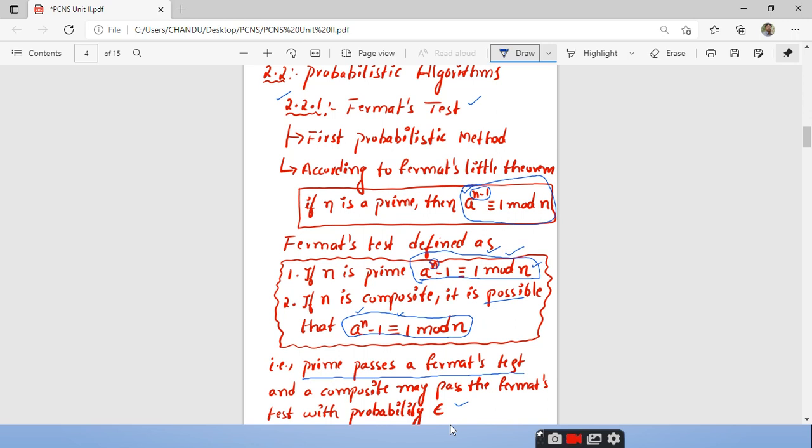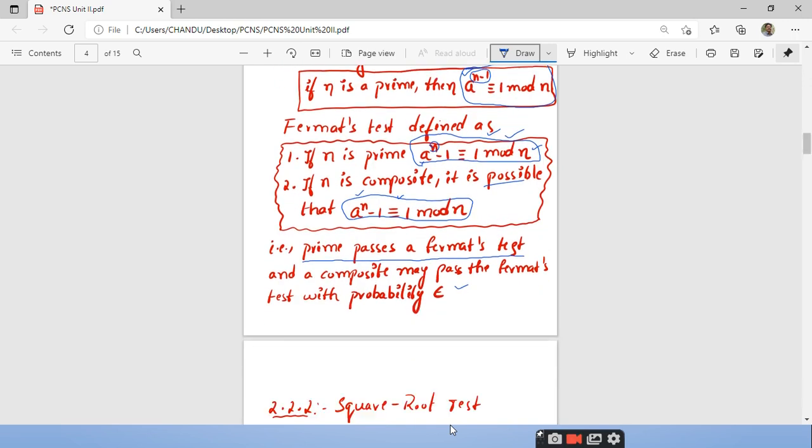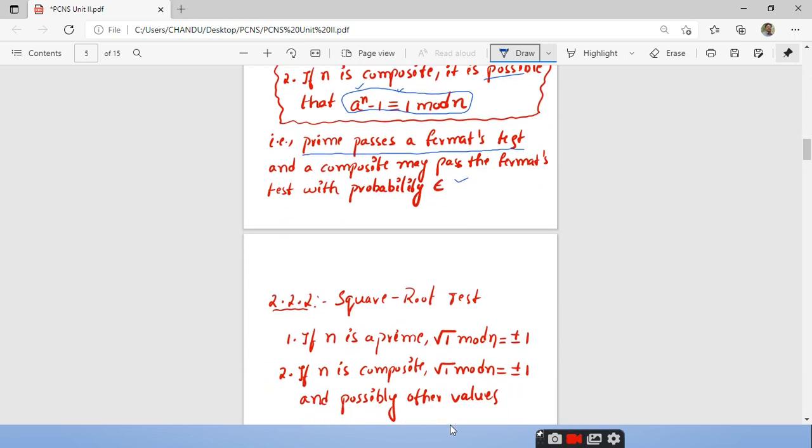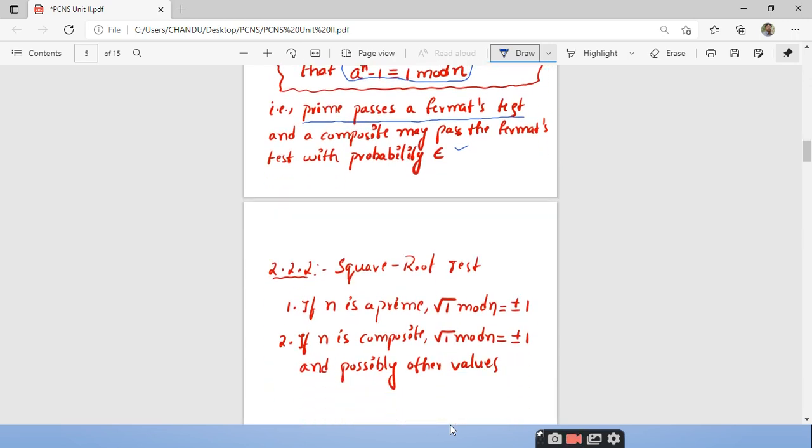Yes, sir. Again, if you consider the complexity of this Fermat test, it remains the same as that of the deterministic algorithms. That is, the bit operation complexity is exponentiation in nature, similar to that of deterministic algorithms.